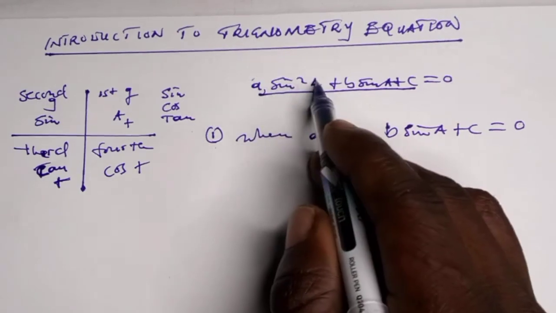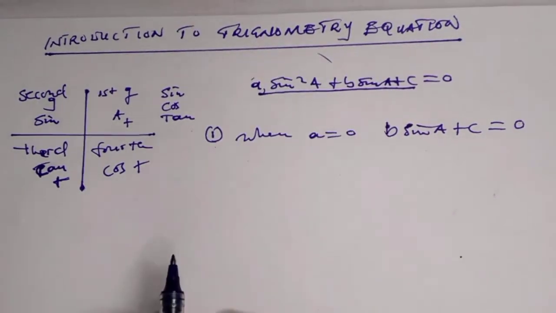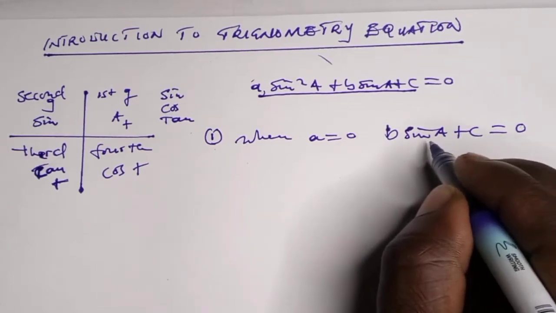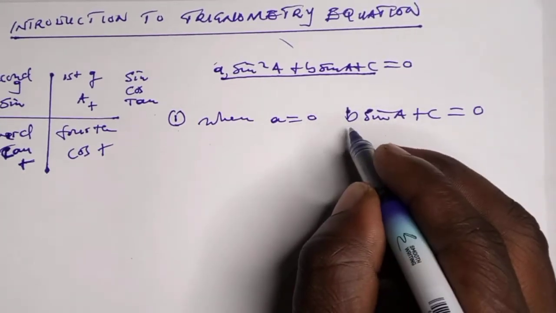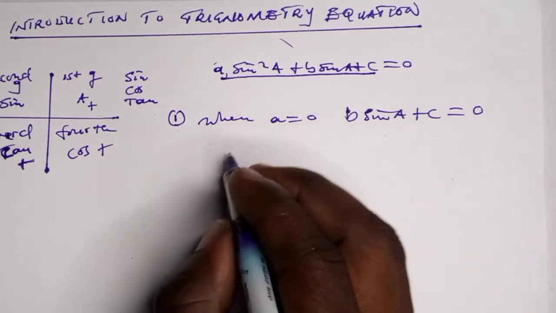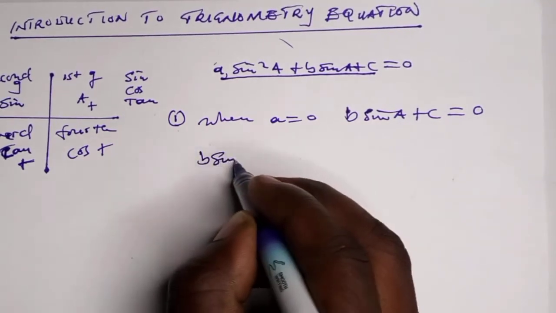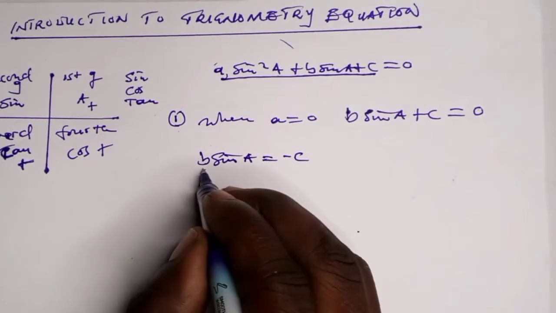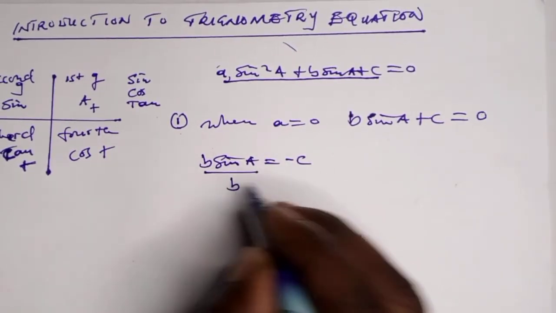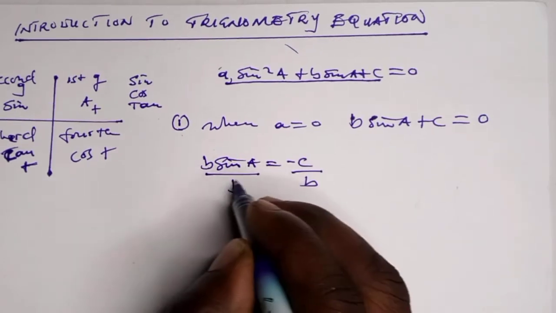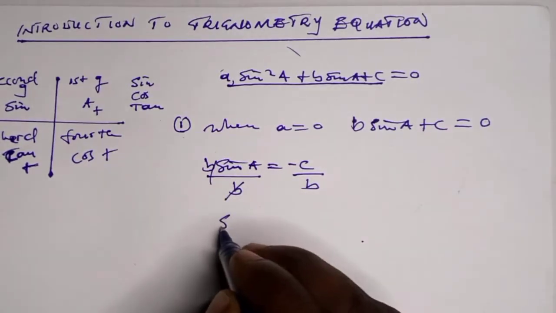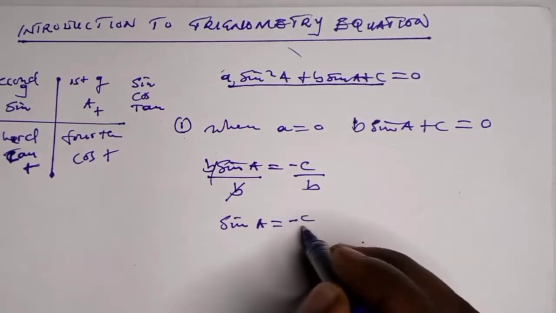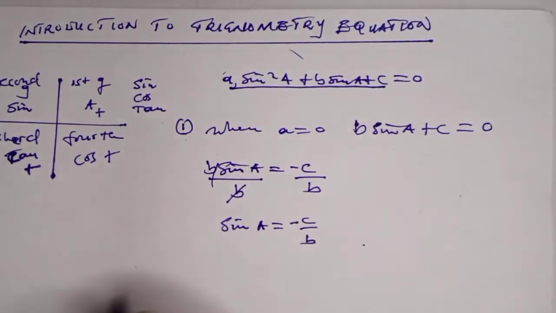So 0 times sine A is 0, in which we are going to make sine A the subject. It will be b sine A equals minus c, divided by b. So here we are going to remain with sine A equals minus c over b.